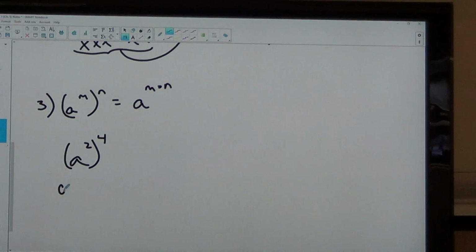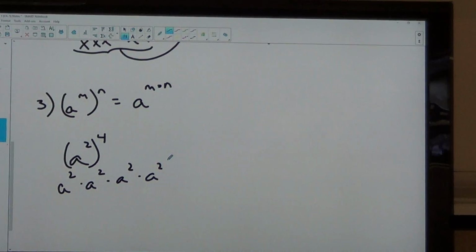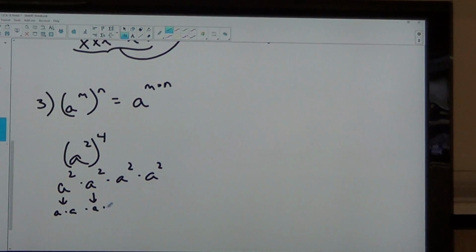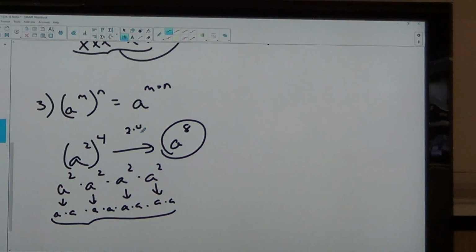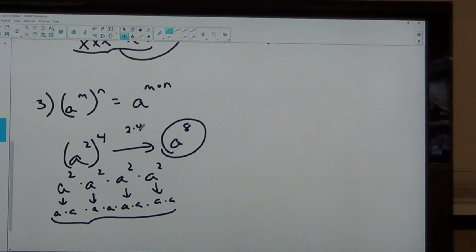So I am doing a to the second times a to the second times a to the second times a to the second, because the fourth power told me to do it 4 times. Well, a to the second means a times a. This means a times a. This means a times a. And this means a times a. So how many total a's do I have? 8. Which is really 2 times 4. Okay?